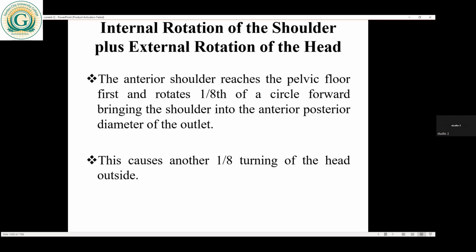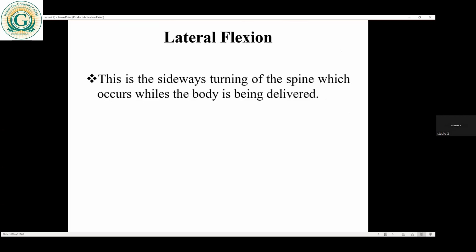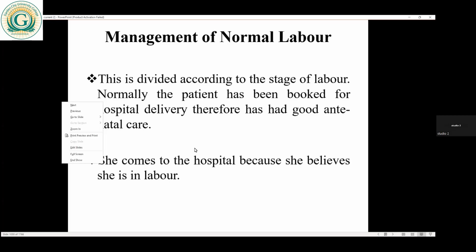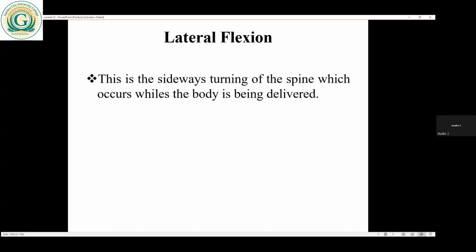And then you have the lateral flexion. This is the sideways turning of the spine, which occurs while the body is being delivered.